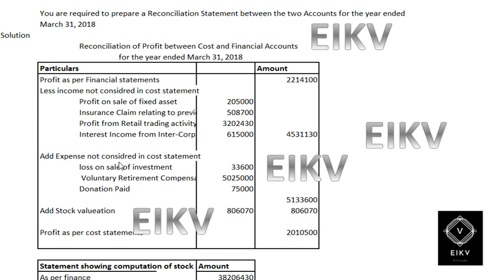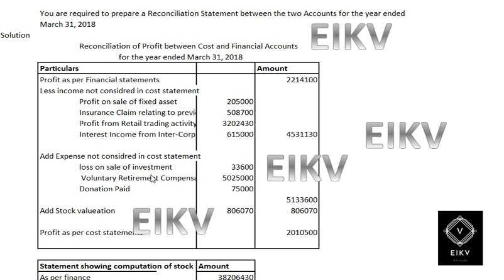Then other expenses: add expenses which are not considered in the cost statement. Some of the expenses which are not considered in costing are loss on sale of fixed asset, voluntary retirement compensation, and donation paid.